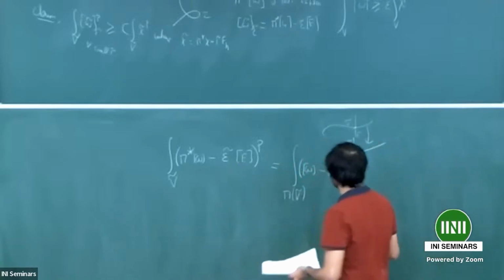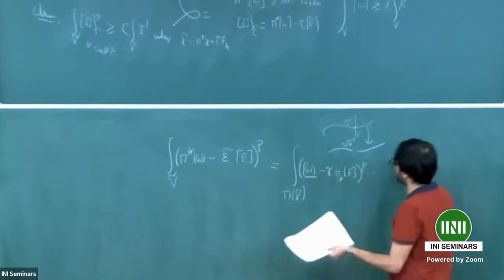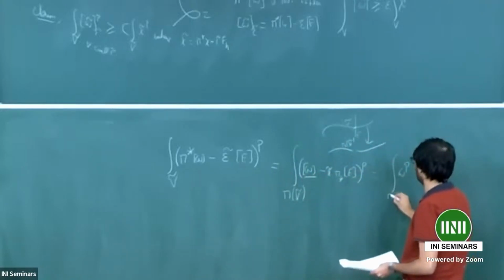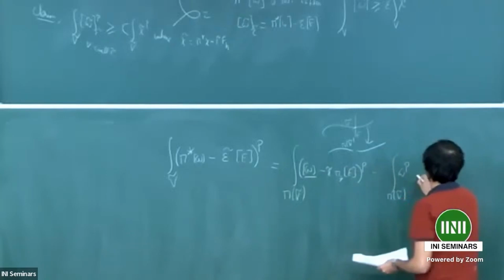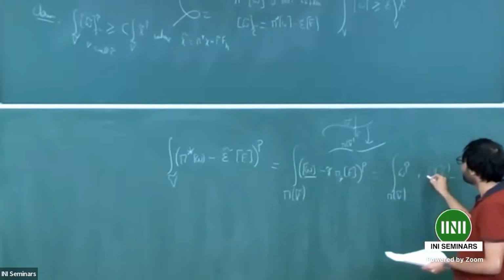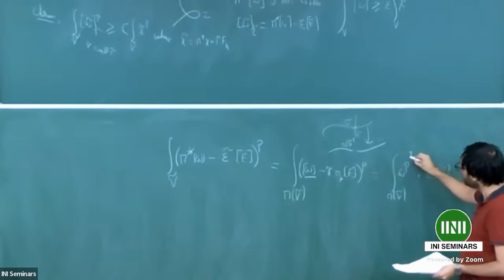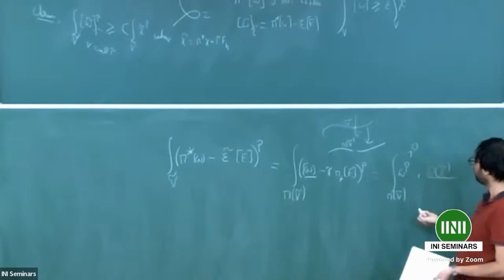Now, the problem is, what's this integral? It's like omega raised to p plus blah, blah, which is at least of the order of epsilon tilde. And this could potentially be negative, right? So if you only knew this was positive, you would be in trouble. Okay?